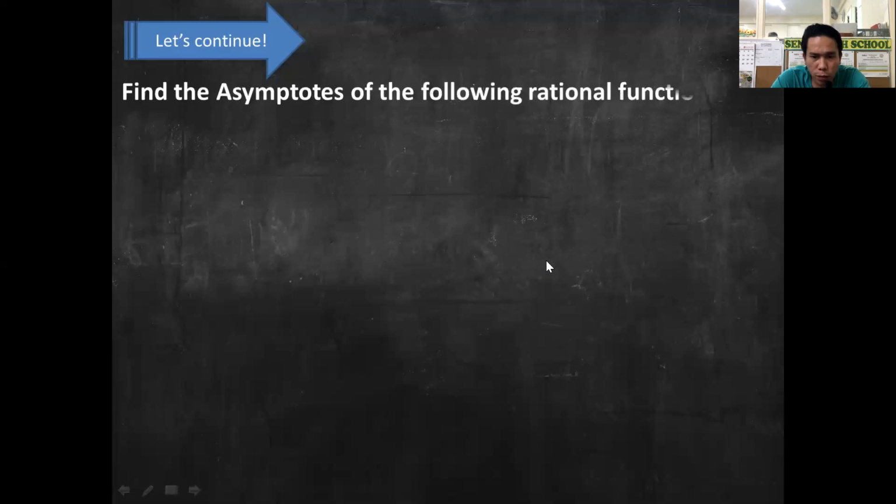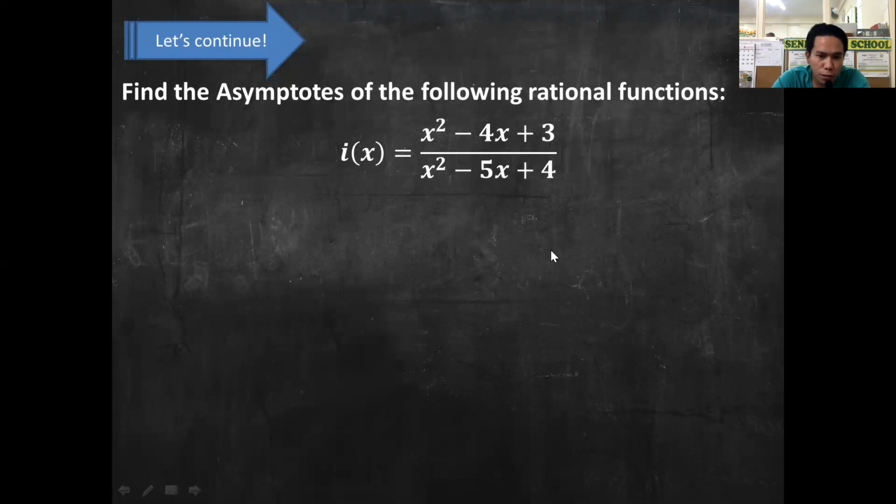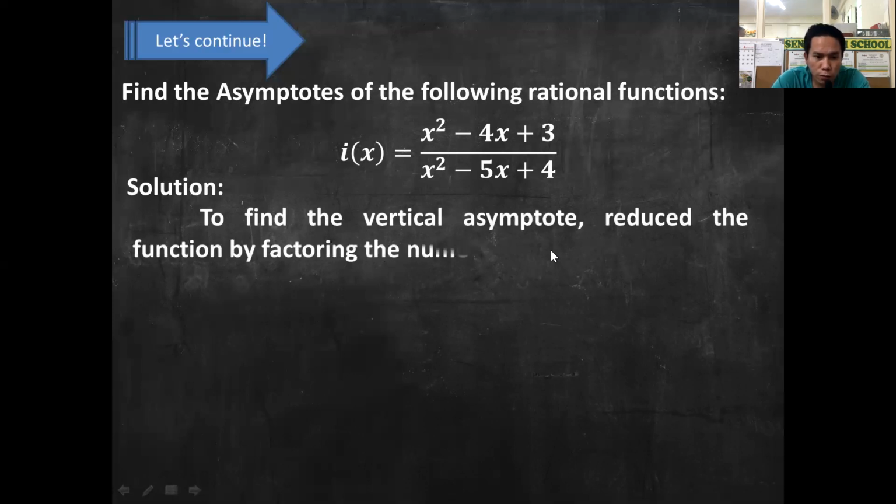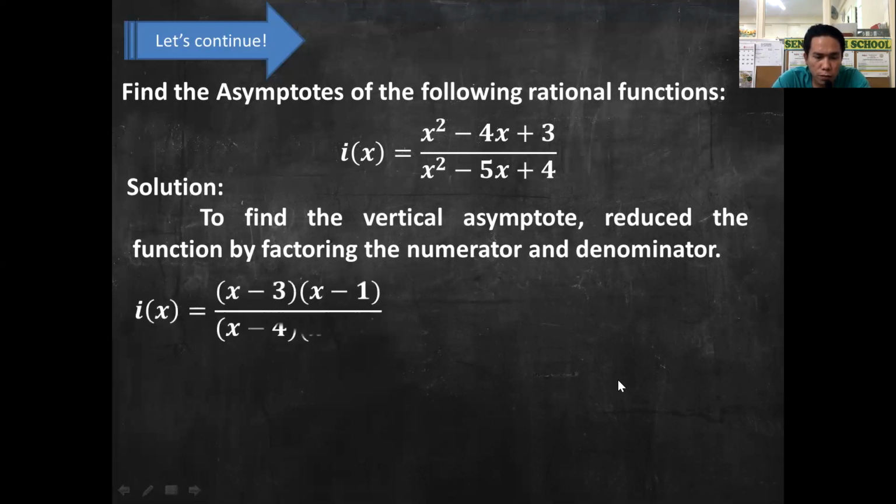Find the asymptotes of the following rational function. f of x is equal to x squared minus 4x plus 3 over x squared minus 5x plus 4. Okay, so let's solve for the vertical asymptote. To find the vertical asymptotes, reduce the function by factoring the numerator and denominator. So i-factor muna natin, of course, the factors will be x minus 3 and x minus 1 for the numerator.